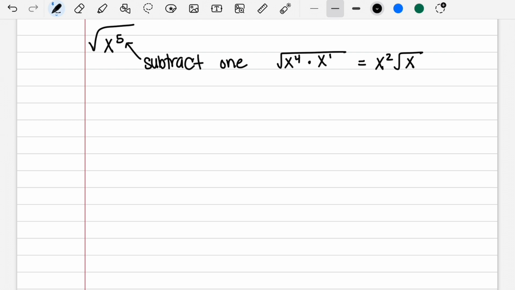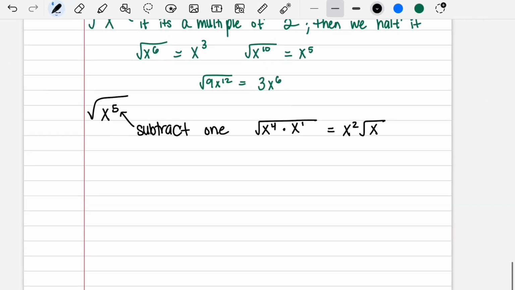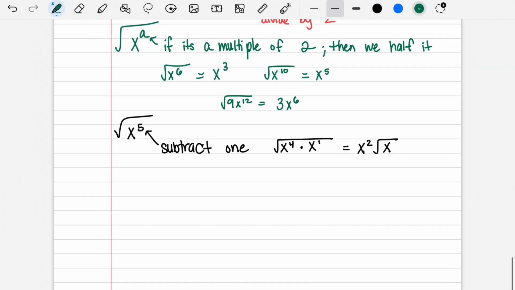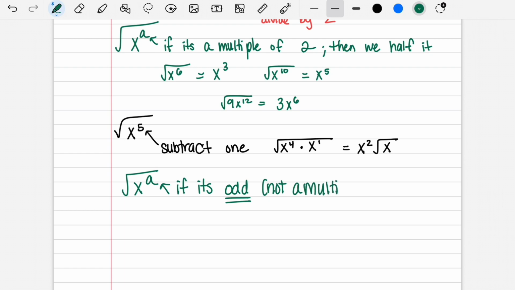So if I were to summarize this with my rule, again, if x to the power of a is odd, not a multiple of 2, then subtract 1.